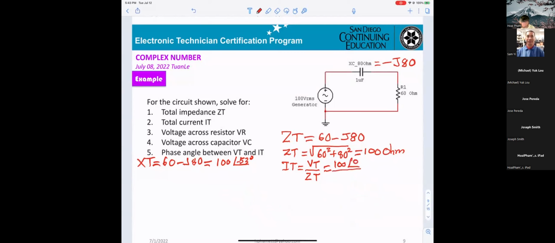Divide by Z total, which is also 100, right? The angle will be minus 53, correct? Correct. So what is the total current? It's 1 at an angle of plus 53 degrees.